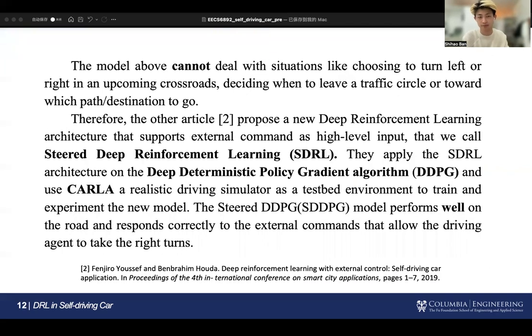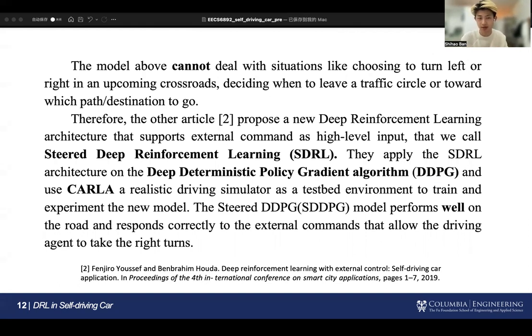So yeah, the model above cannot deal with a situation like choosing to turn left or turn right at the upcoming crossroad, deciding when to leave a traffic circle, or towards which path destination to go. Therefore, we have another article, article 2, which proposes a new deep reinforcement learning approach that supports an external command as high-level input. That's what we call the SDRL.